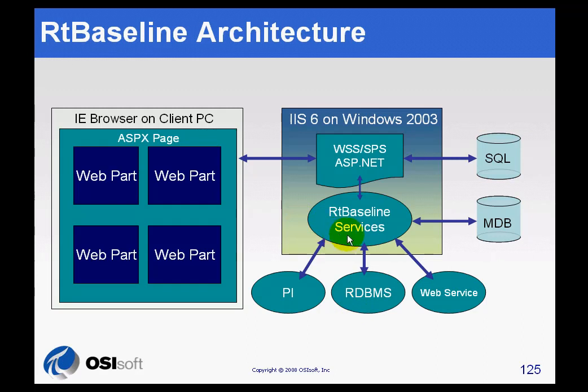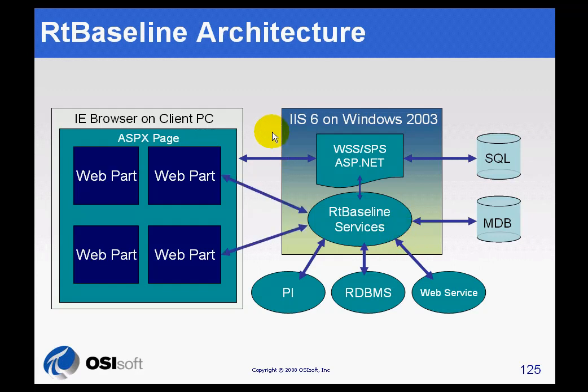RtBaseline Services helps manage that. Any definitions of relational databases that we're able to connect to, RtBaseline Services is managing that. And any definitions of web services that we can connect to, RtBaseline Services is managing that as well. So again, it's through client-based tools that you would set up these, and I'll demonstrate how to set these configurations up.